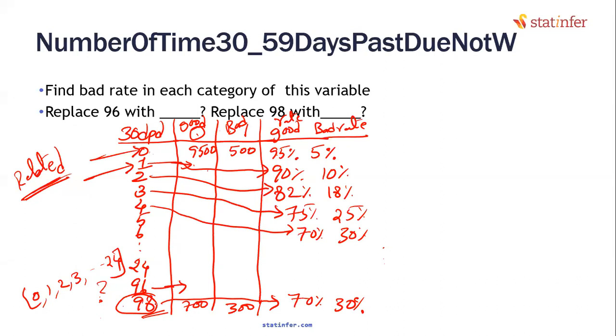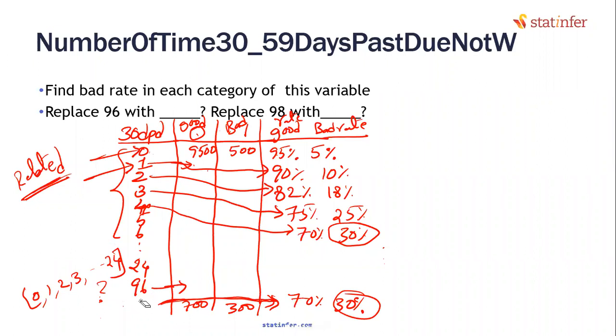Perfect. The bad rate for the wrong value is 30%. I will go to the permissible values and check the bad rate. 30% bad rate in bucket 4. So if this is wrong, maybe these values are very similar to bucket 4. It is very much justified.